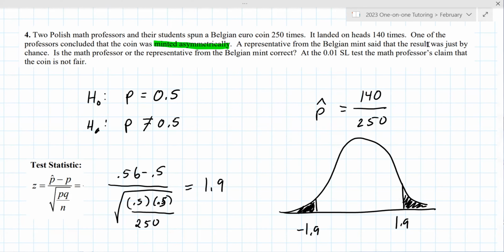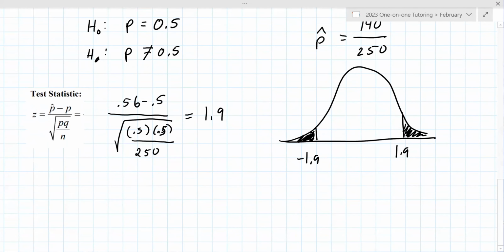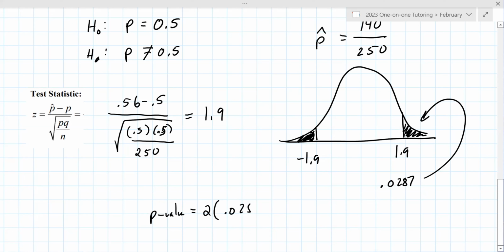You will find that the area in one of the tails is 0.0287. But you need to double that, so your p-value is going to be 2 times 0.0287. We're comparing it to the significance level in this problem.